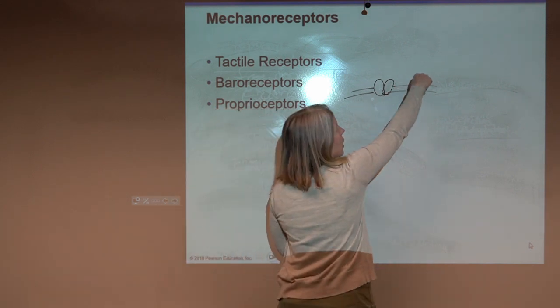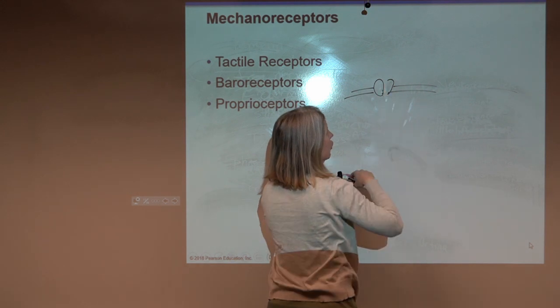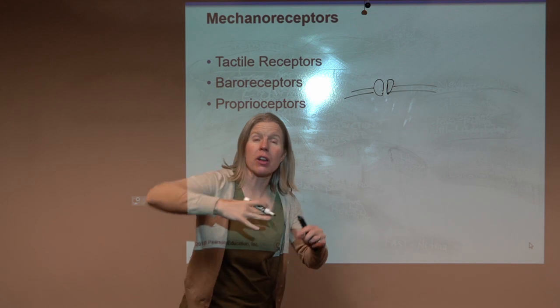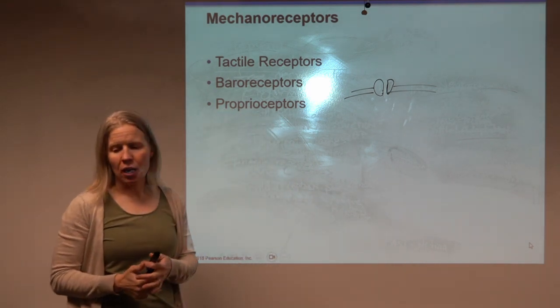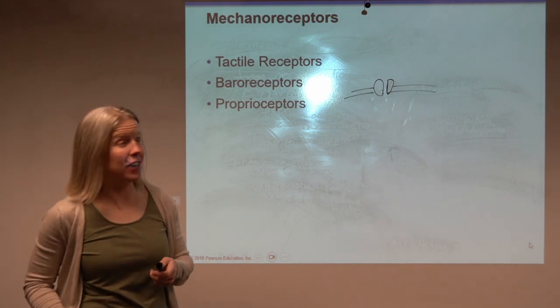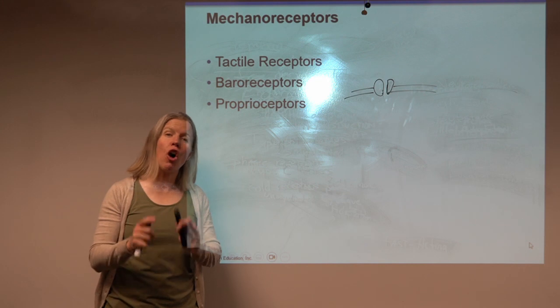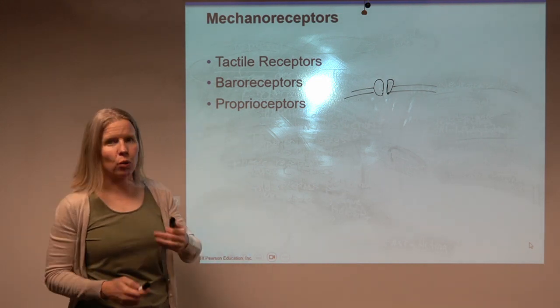If you pushed on this membrane in a way that distorted it enough, you would open the channel, and that's what's going to lead to, say, our depolarization. There are a variety of receptors that are mechanoreceptors and work based on distorting the plasma membrane.